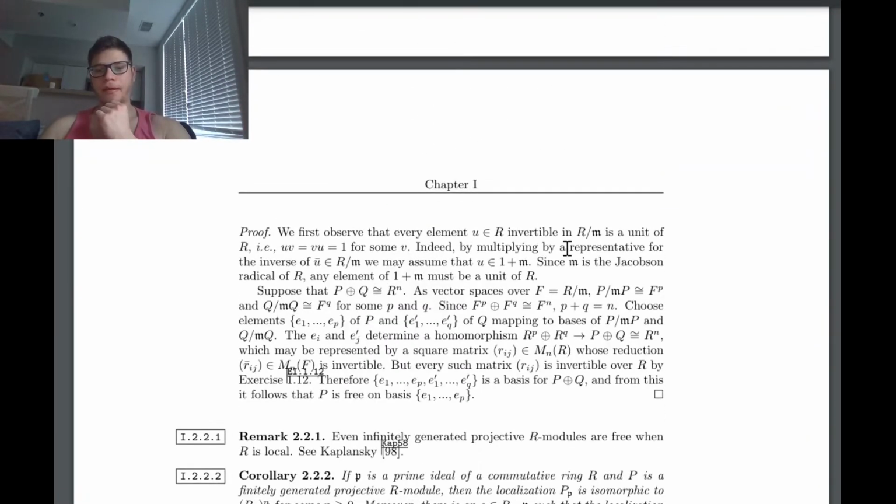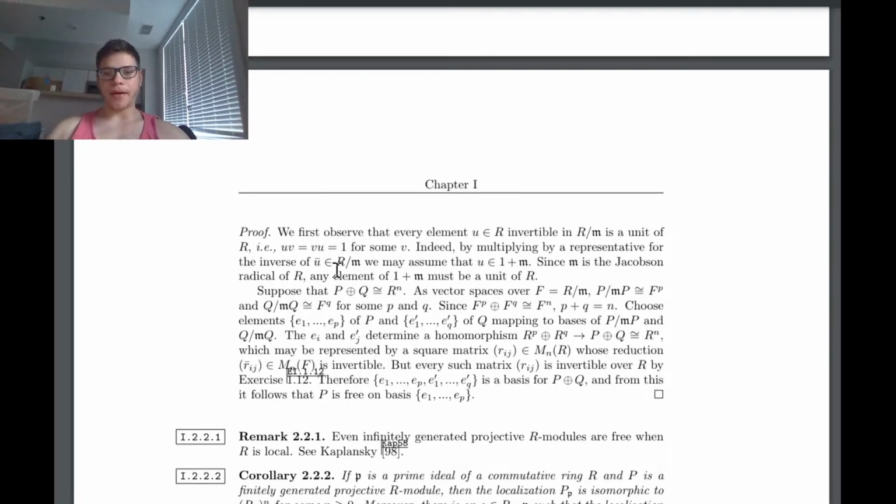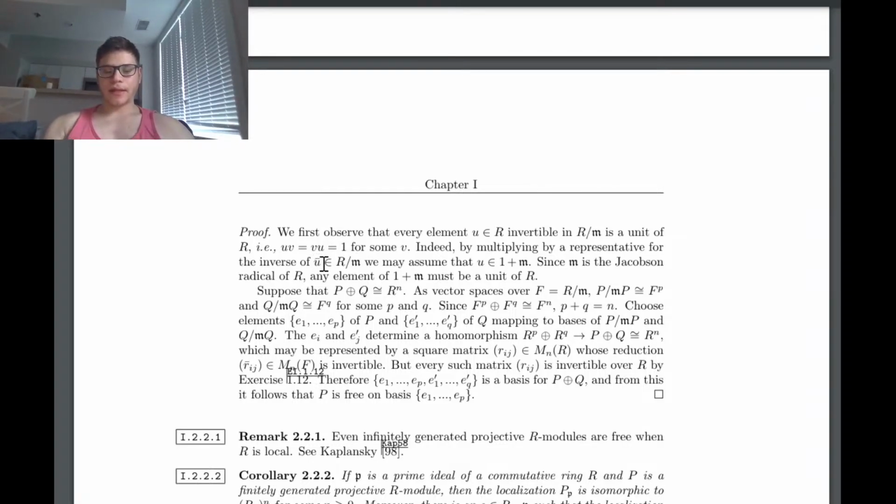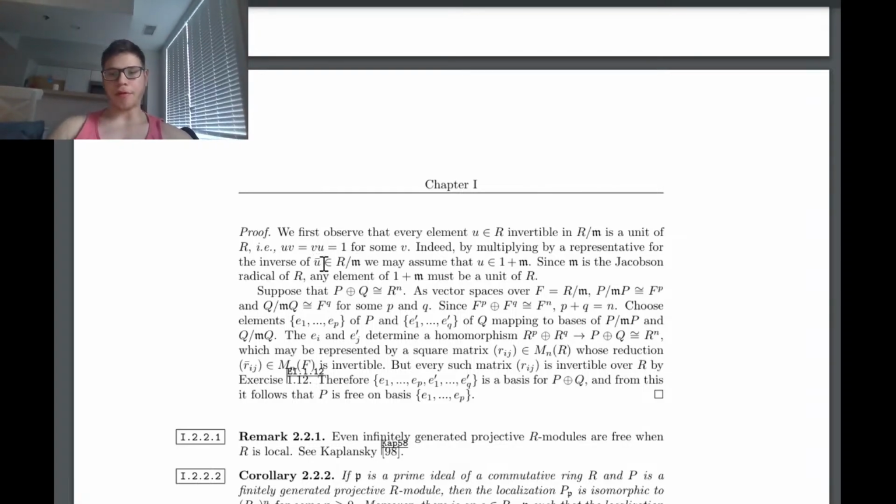So yeah, multiplying by a representative for the inverse, we may assume that U is in 1 plus M, because once we multiply by a representative for the inverse, then we get 1 plus M. Since M is the Jacobson radical, any element of 1 plus M must be a unit.